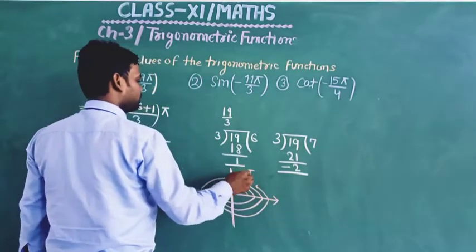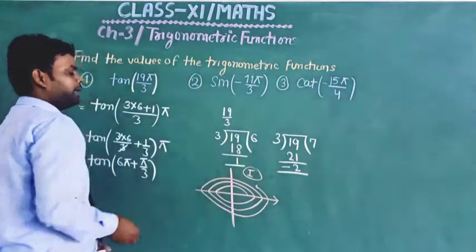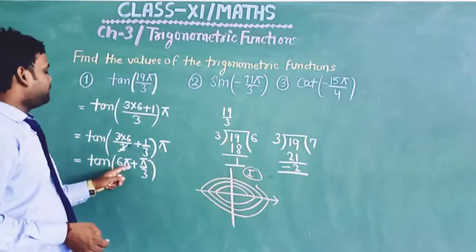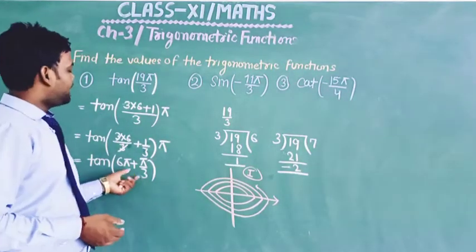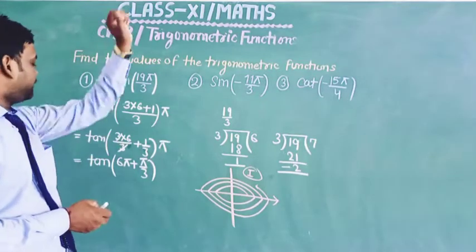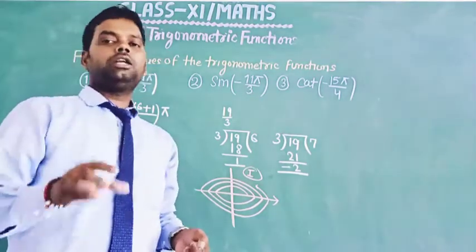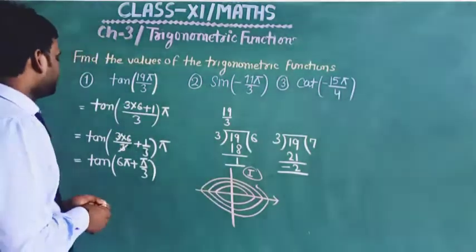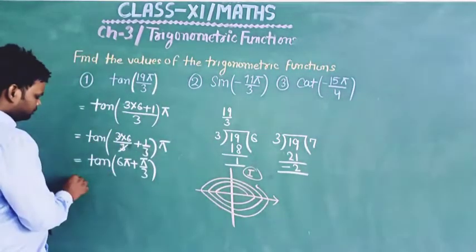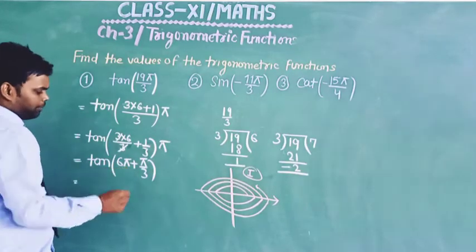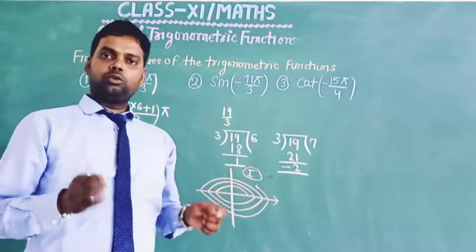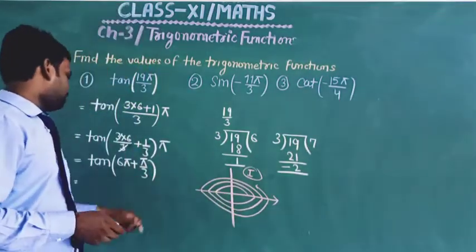So we clearly observe that 6π plus π/3 lies in the first quadrant. And in the first quadrant all trigonometric ratios are positive, and in the case of π and 2π the ratio will not change.